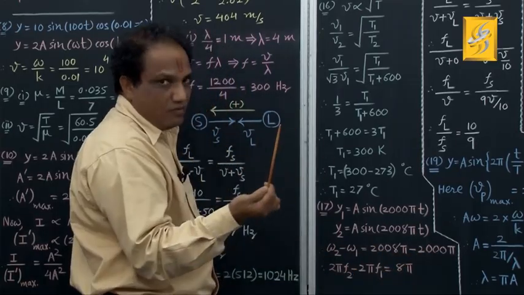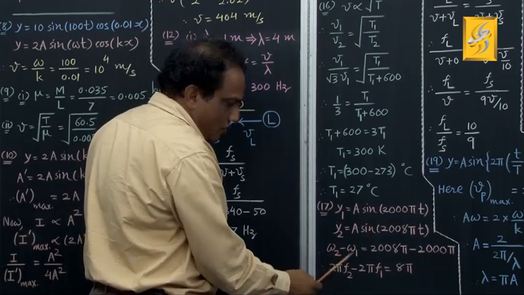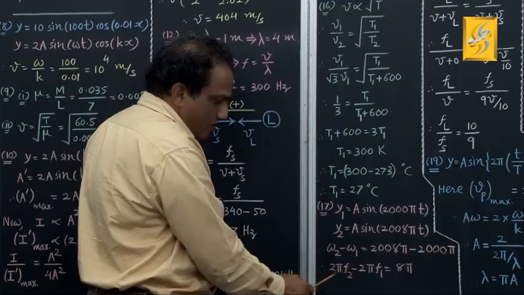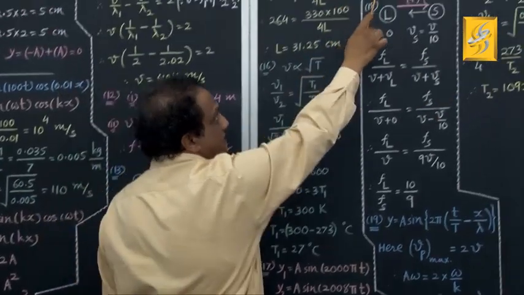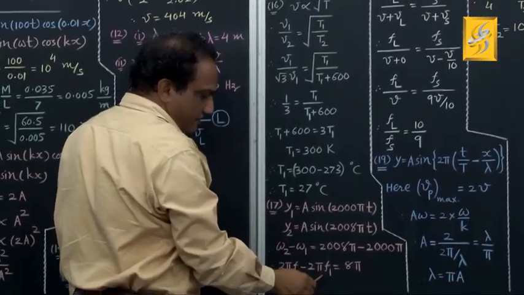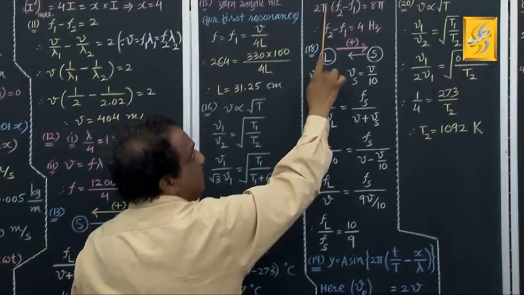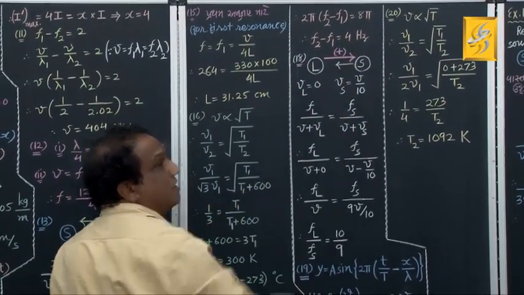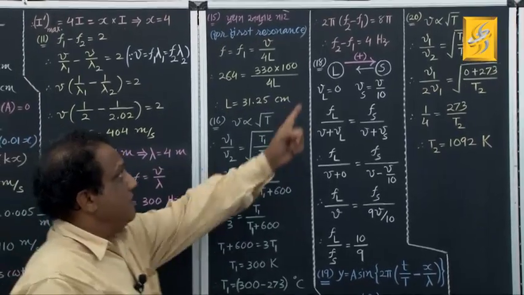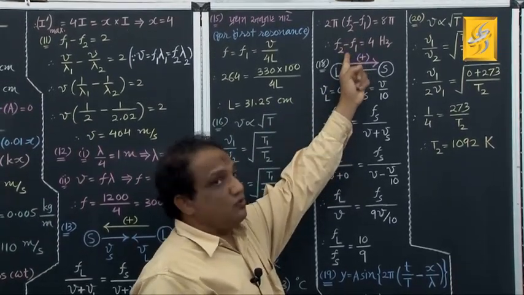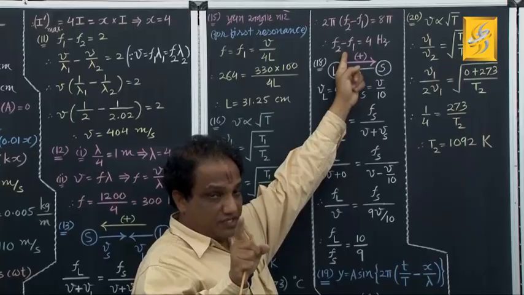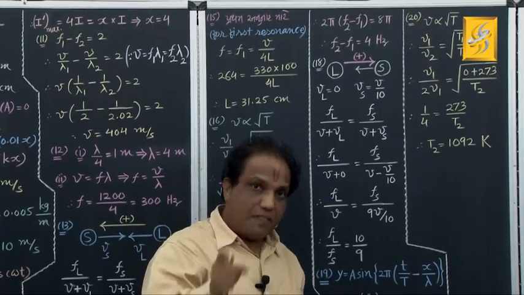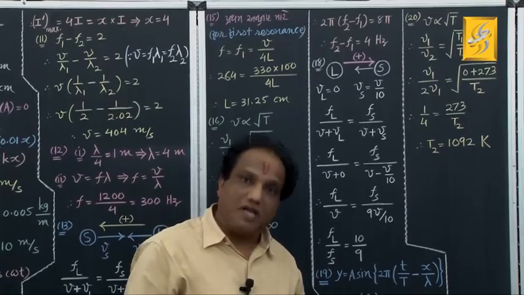By formula, omega 2 is 2 pi f2 minus omega 1 is 2 pi f1. 2 pi you can take common. Inside the bracket f2 minus f1 equals 8 pi over 2 pi. Pi will cancel. 8 upon 2 is 4 hertz, correct? Remember, f2 minus f1 gives the difference of two frequencies, and that difference itself is known as beat frequency, that is the number of beats per unit time.